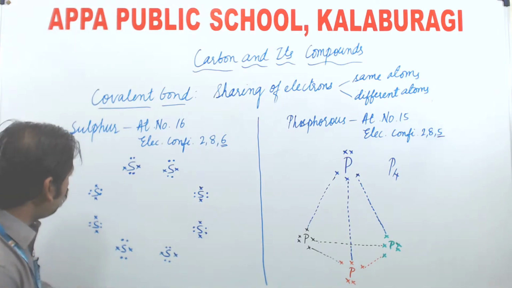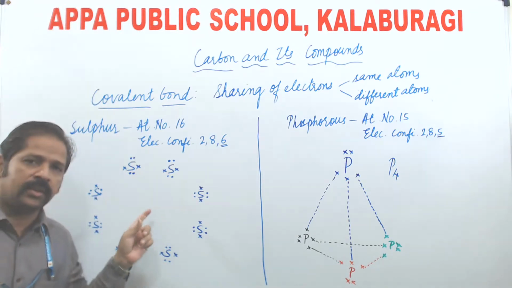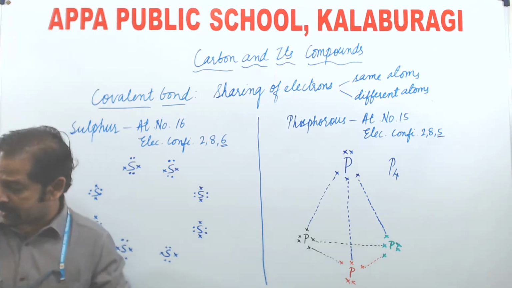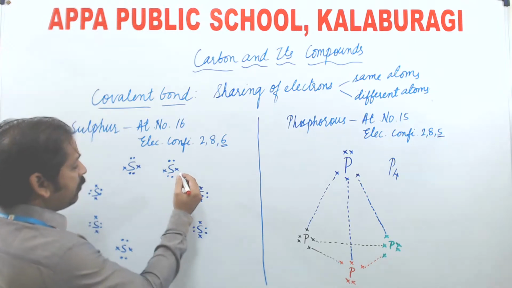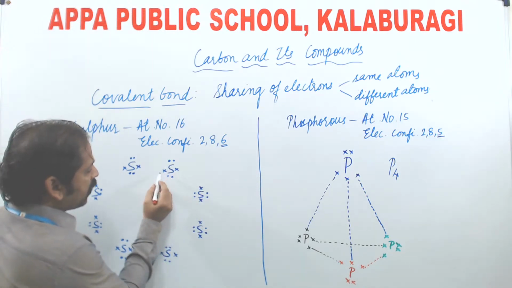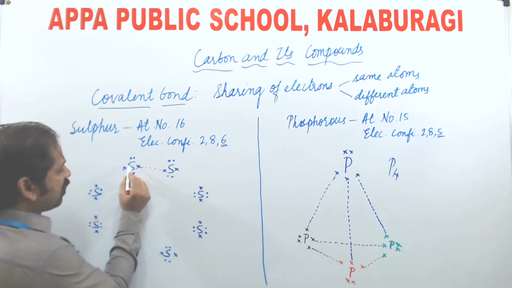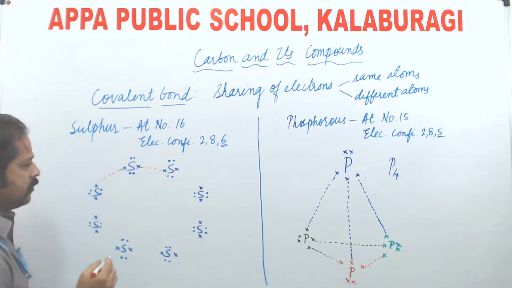Okay, students, now all the sulfur have 6 electrons, where 4 are paired and 2 are unpaired. Now these unpaired: this sulfur has 6, 7th is here, 8th is here.